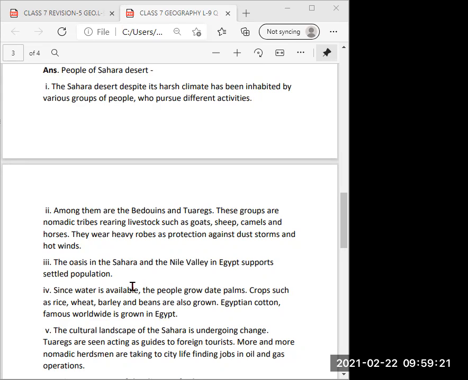No. The Sahara Desert is very hot, with sand dunes everywhere. Wherever oases are there, people have settled around the oasis, where a little water comes out of the ground, plus cultivation of date palms is there. Clear?